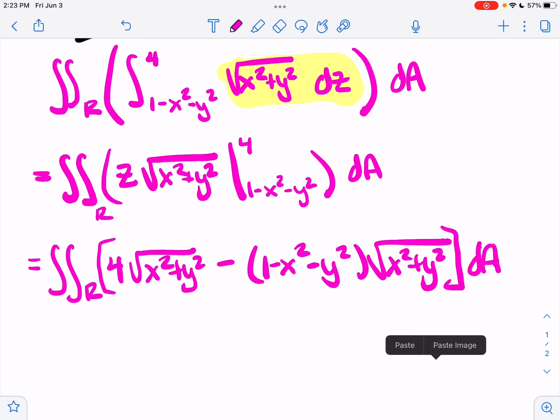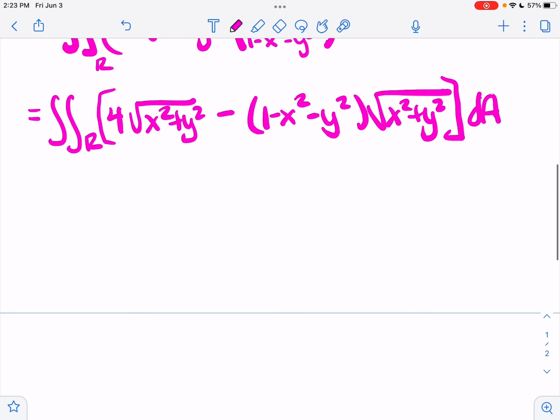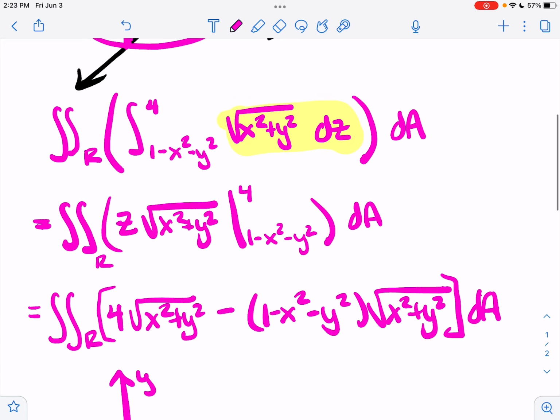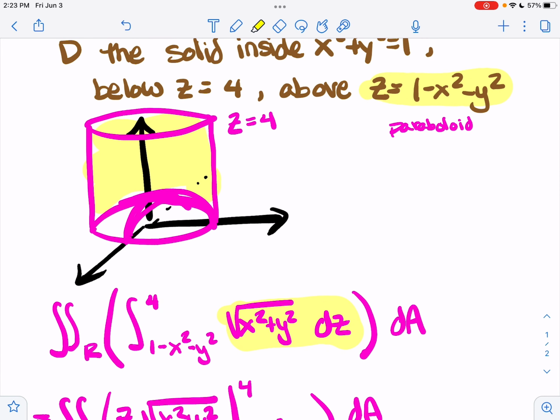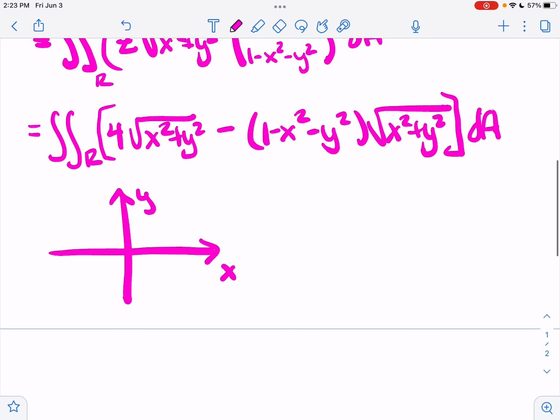Now, to do a double integral, what do we need? We have to know what's the region that we're integrating over in the xy plane. We look at our original picture and look down at the xy plane. The shadow of that thing down on the xy plane is just the circle of radius 1, x squared plus y squared equals 1. As a boundary, we have the inside of that.